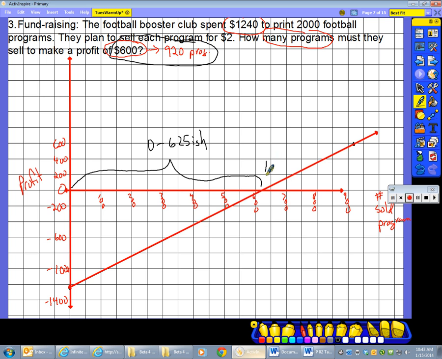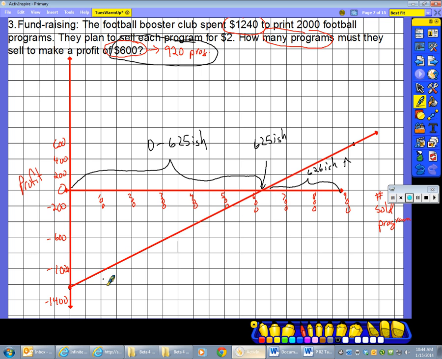At that location, around 625-ish, I break even. That's where I'm at $0. And then from about 626-ish and up, from here on, I'm actually making money. I'm in this good area where I'm actually making money.